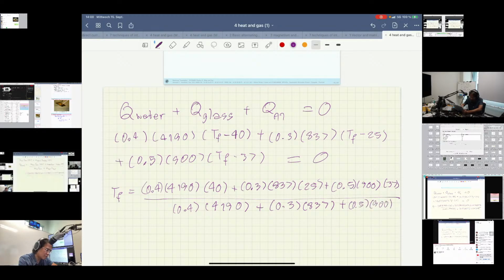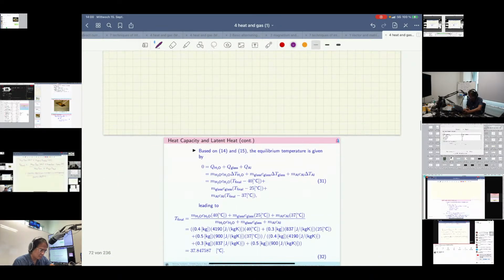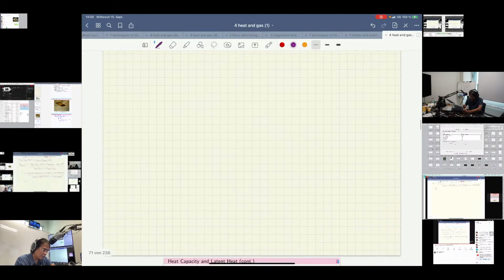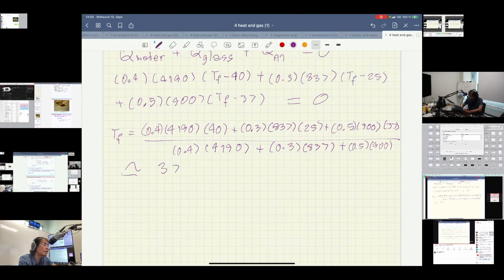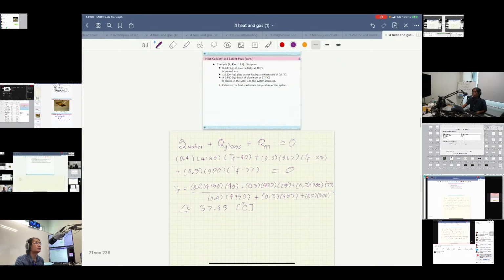And you will get the result after you put it into the calculator, which is 37.85 degrees Celsius. Okay, we have completed all the problems related to the specific heat capacity.